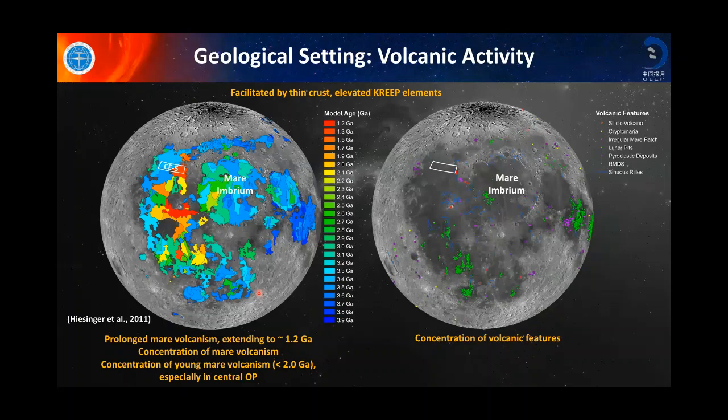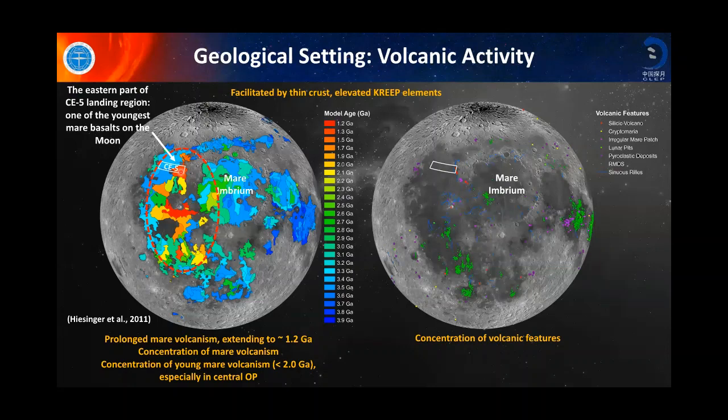What's more, the young mare basalts also concentrate in this area, especially in the center of Oceanus Procellarum. And interestingly, the eastern part of the Chang'e-5 landing region has one of the youngest mare basalts on the moon, which I will talk more about later.